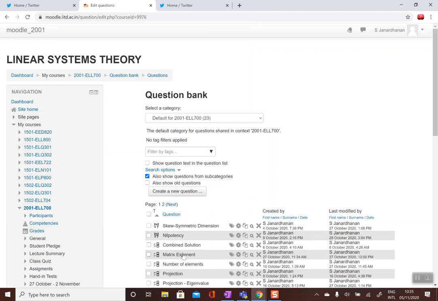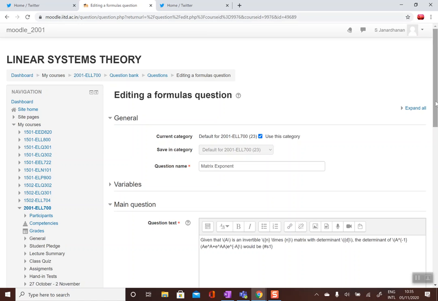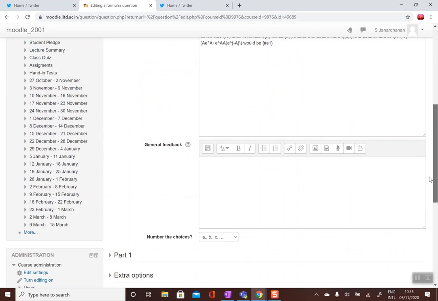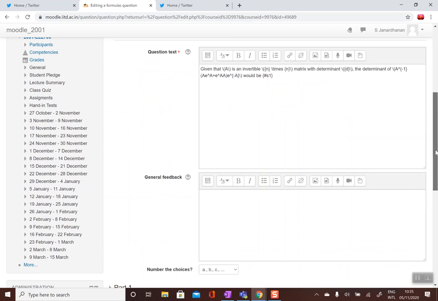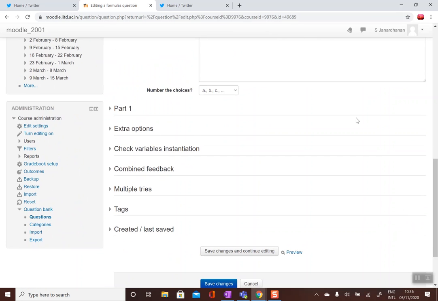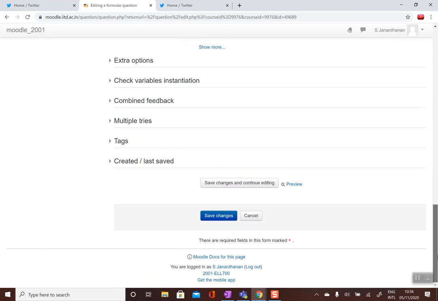In this case, the answer is actually a formula. So here I have the variable n, and I have said that the answer is a variable s1 with a tag, and I say that 2 power n is the correct answer for part 1.